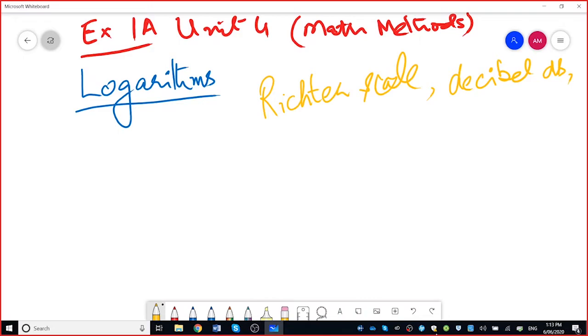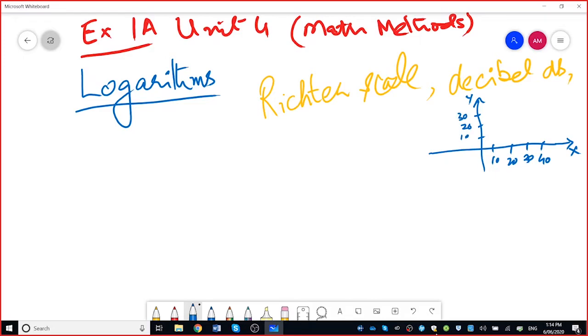Normally, what you have been learning up till now was a linear scale. A linear scale is, for example, here x, here y, and you have 10, 20, 30, or 100 and so on.